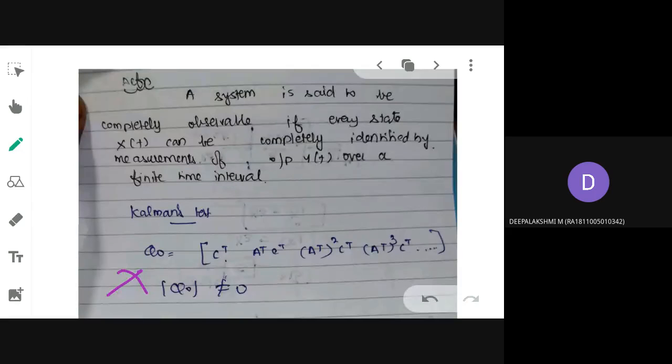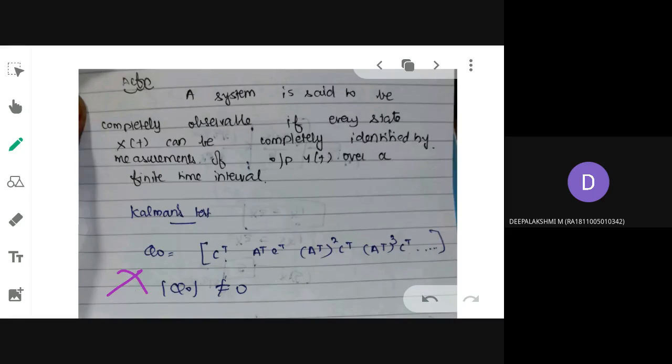Q naught: C transpose, A transpose C transpose, A transpose squared C transpose, like that. Again, the determinant should be a non-zero element. Then only you will prove that the system is observable.